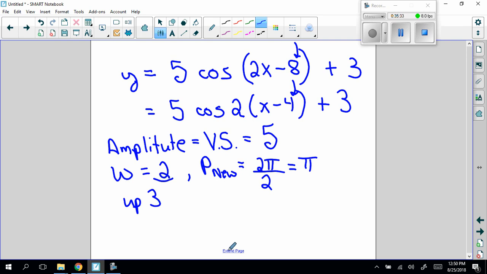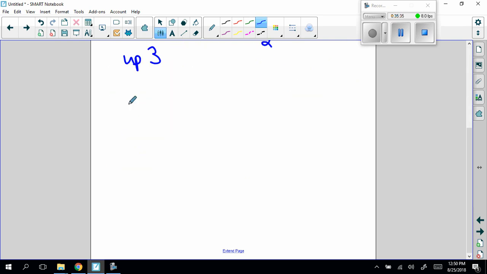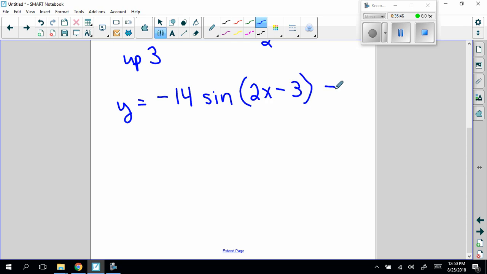Now, what's the trick? What's the worst problem? When they go negative 14 sine 2x minus 3 minus 11. Now, don't be telling me right 3, because it's not proper form. The 2 has got to pull out.